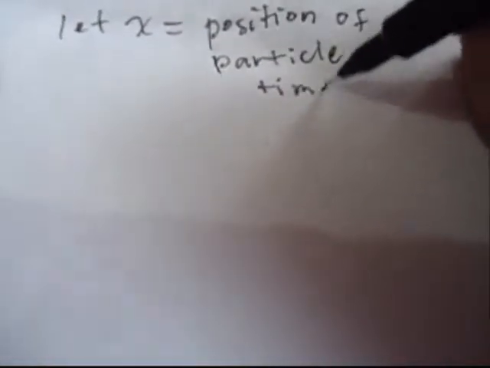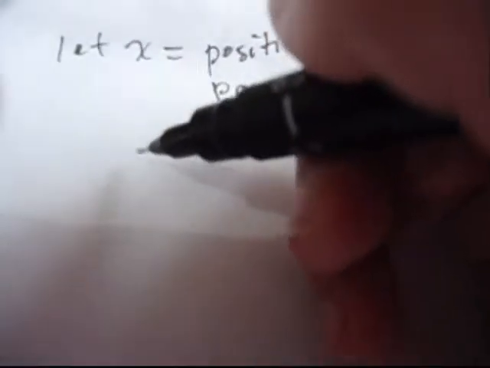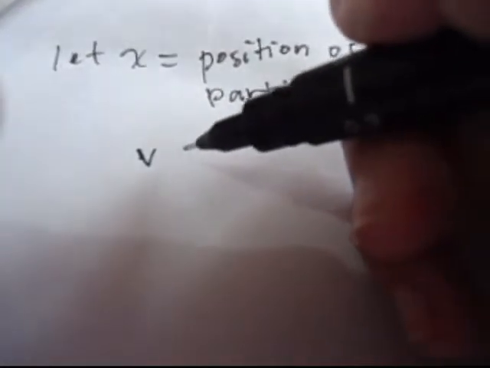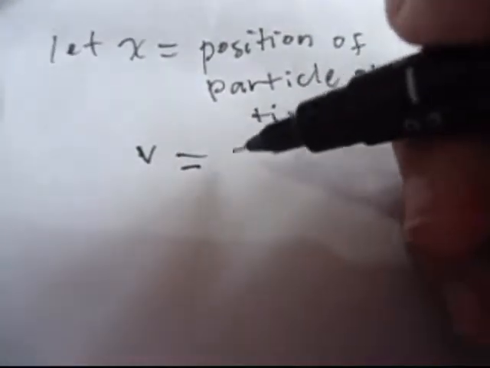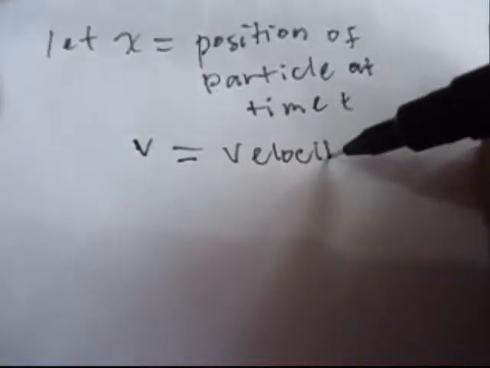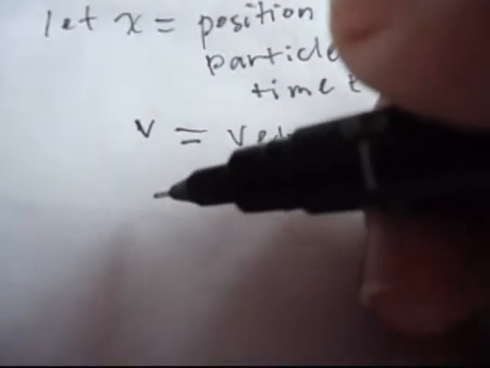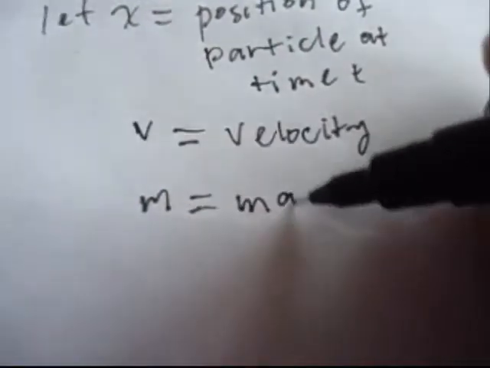We let x equal the position of the particle at time t, v the velocity, k the resistance constant, and m the mass.